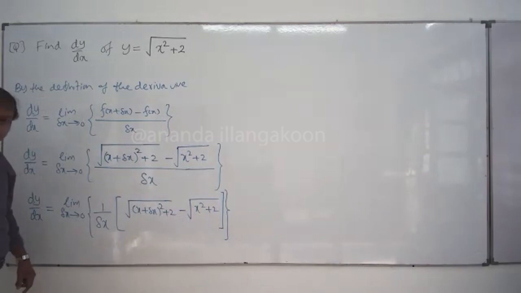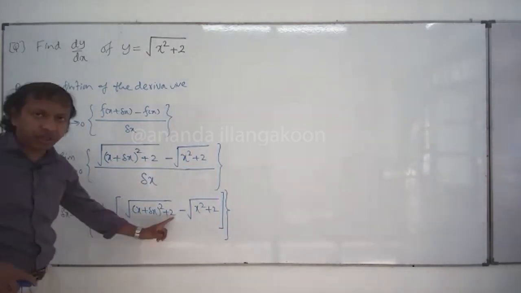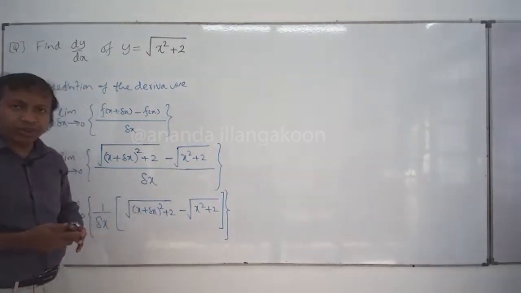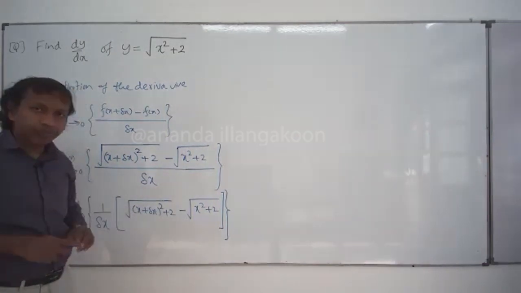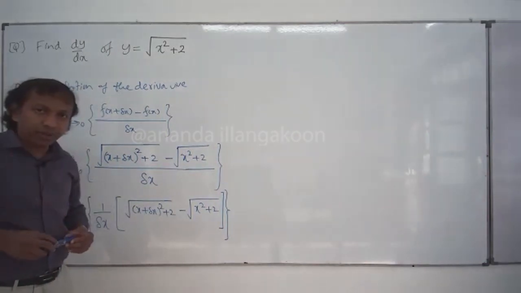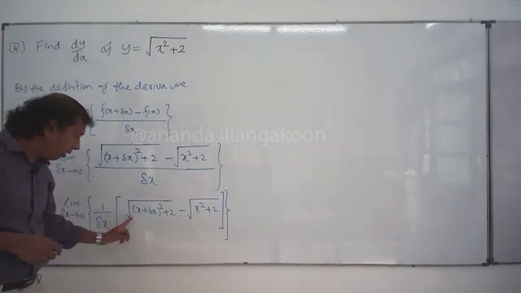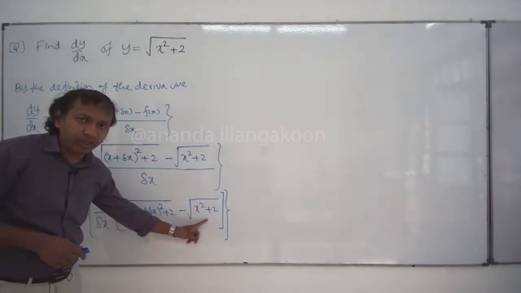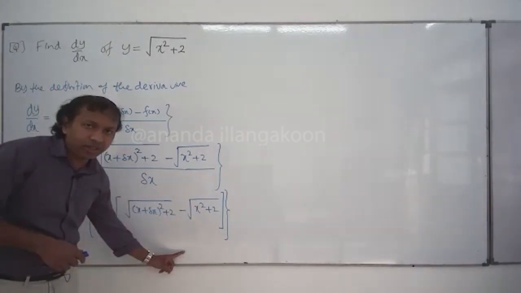Now, people, in the limit lesson, we discussed how to find the limit of this kind of expression having square roots. There, I can remember, we used a certain technique. We multiply this by its conjugate, and meantime we divide by the conjugate.